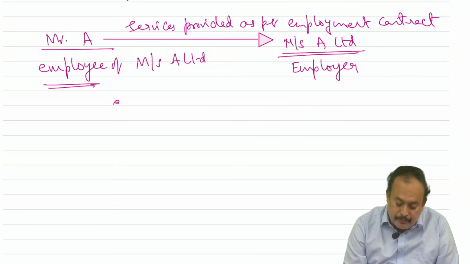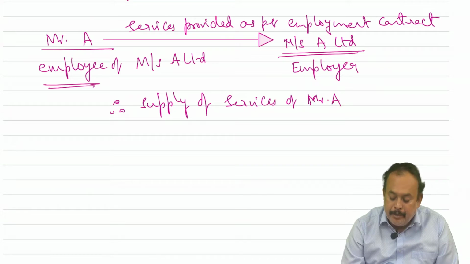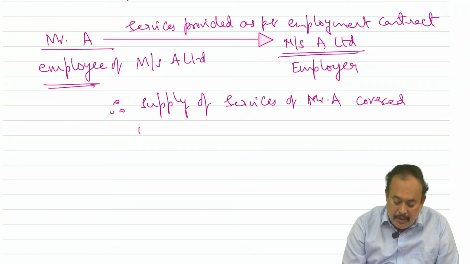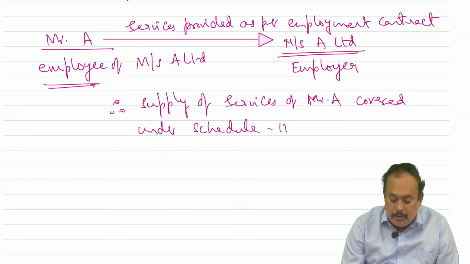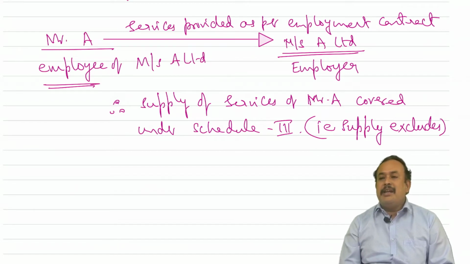Therefore, the supply of services of Mr. A is covered under Schedule 3, that is, supply excludes. Got the clarity, my dear friends?